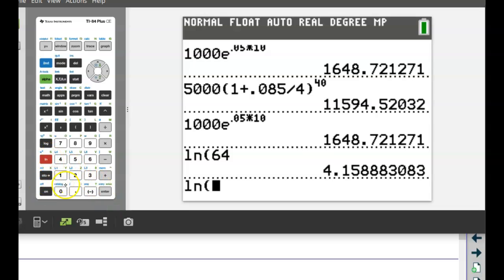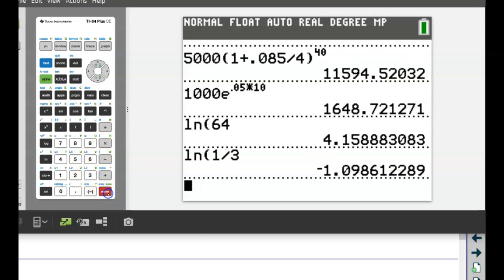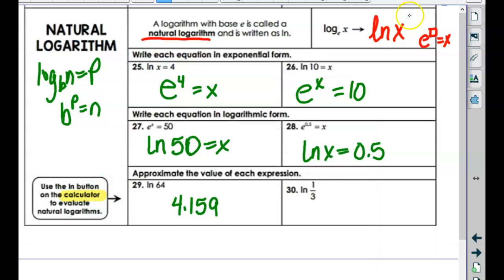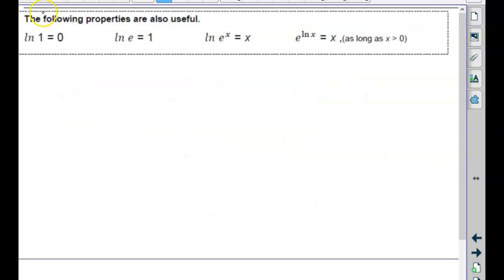It's just above the 2nd key. Natural log of 1/3 is negative 1.099. Okay, why is that one negative? Yeah, less than 1. So it's 1 to some negative power, moved to the denominator.